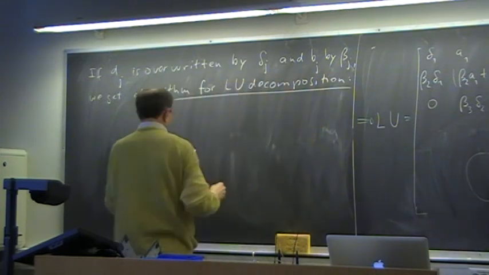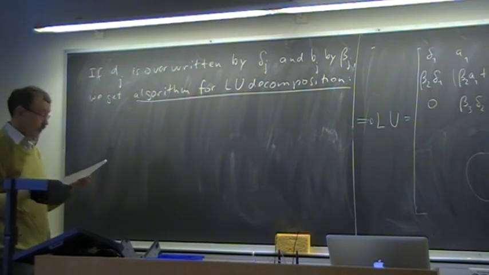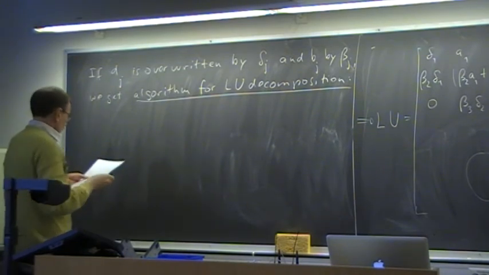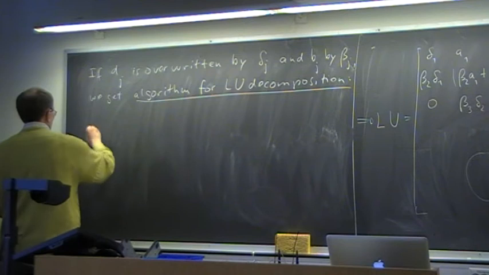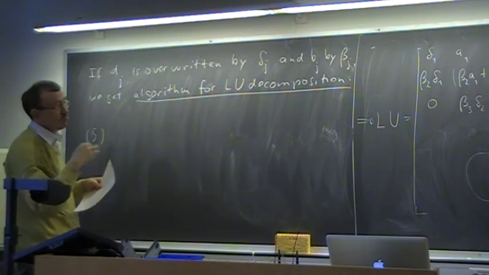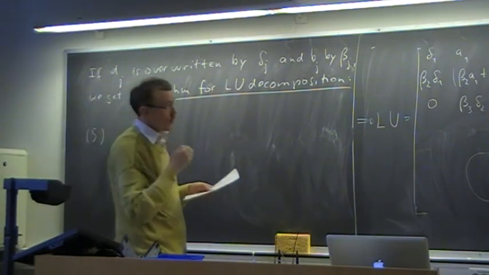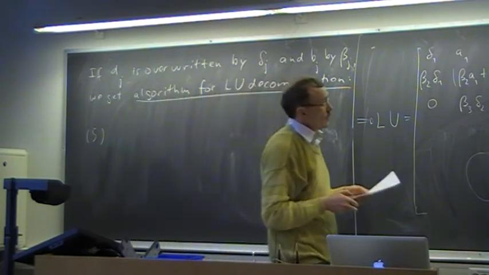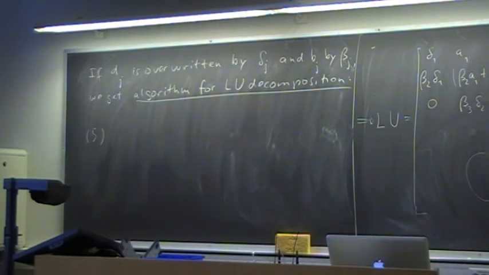So that is then the first part of the Thomas algorithm. D1 already contains the delta 1, so we don't have to do anything there.